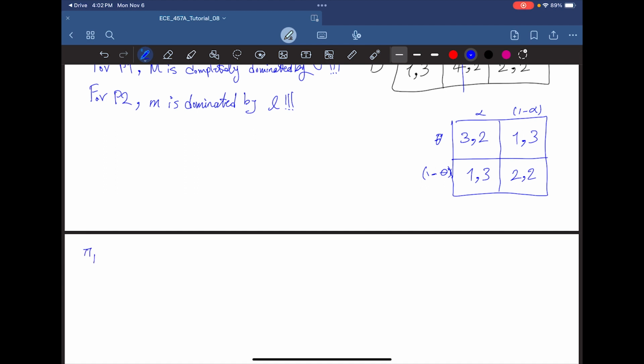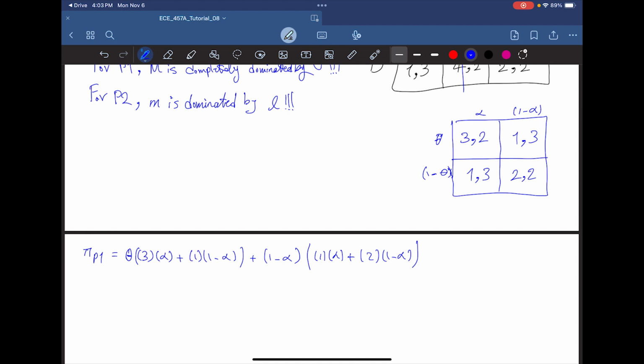The total probability for player 1 equals theta times 3 alpha plus 1 minus alpha, plus 1 minus theta times 1 alpha plus 2 times 1 minus alpha.